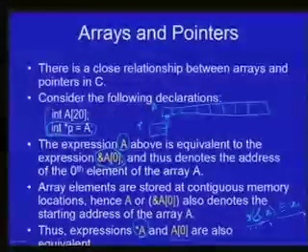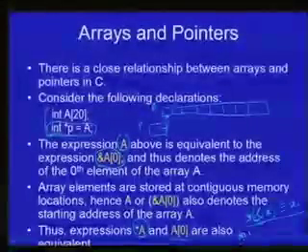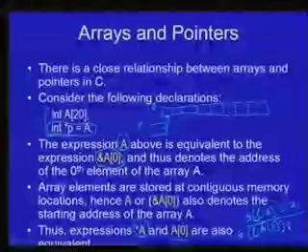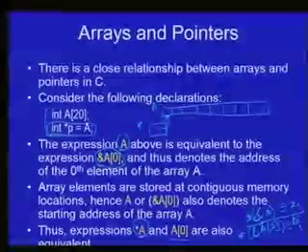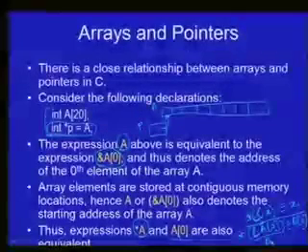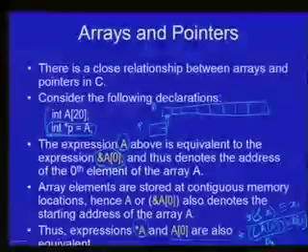So this is always true, and therefore star of ampersand a[0] must be the same as a[0], and this is nothing but star a, so therefore star a is the same as a[0].